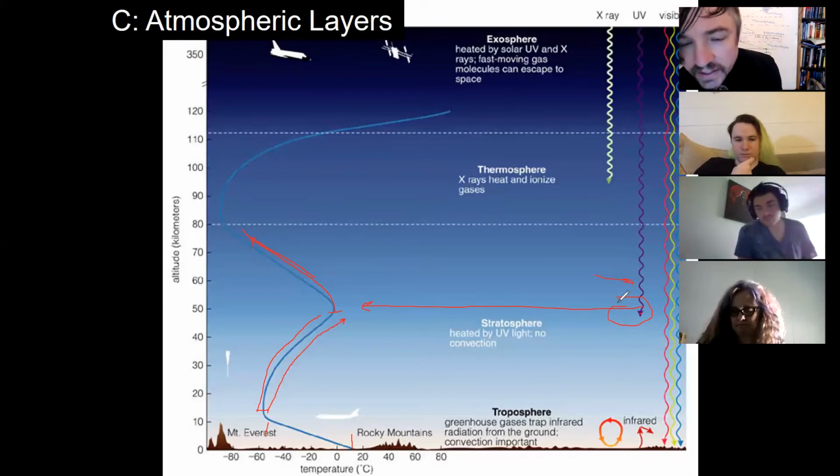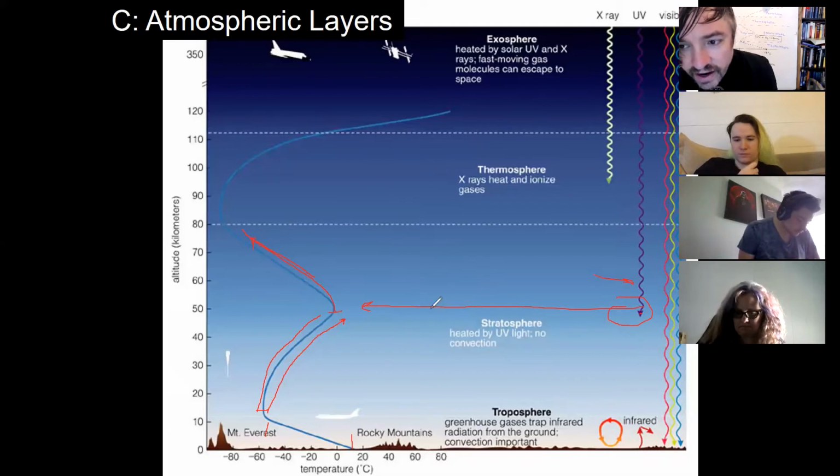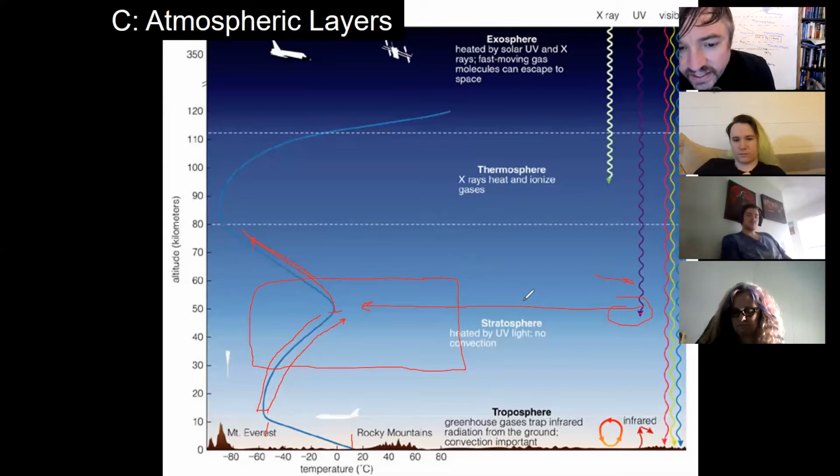If you think about it, this suggests that without oxygen in our atmosphere, there would be no ozone, then we would have no stratosphere. Can you guys imagine what Earth would be like if we didn't have a layer of our atmosphere to block ultraviolet photons? Where would those ultraviolet photons end up? On the surface?